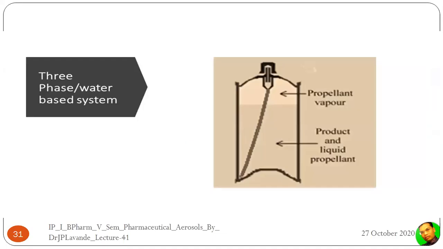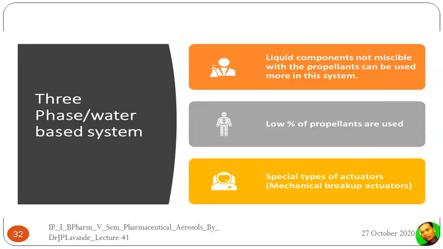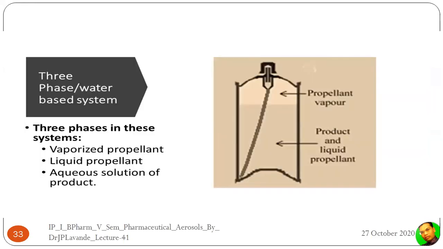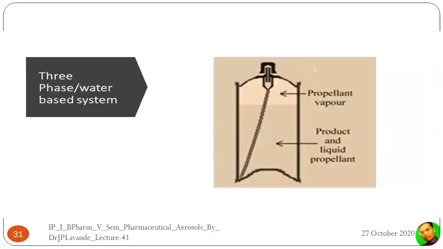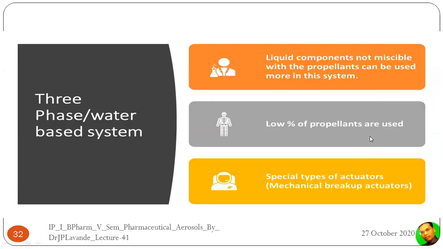Now, in the case of the three phase or water based system, you can see that it consists of three different components: there is a vapor, there is a liquid, and there is a product concentrate. This is the combination, the three phase system.